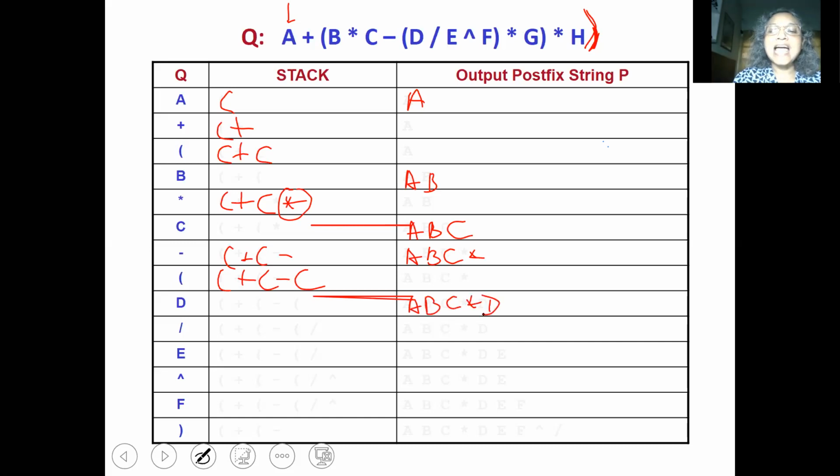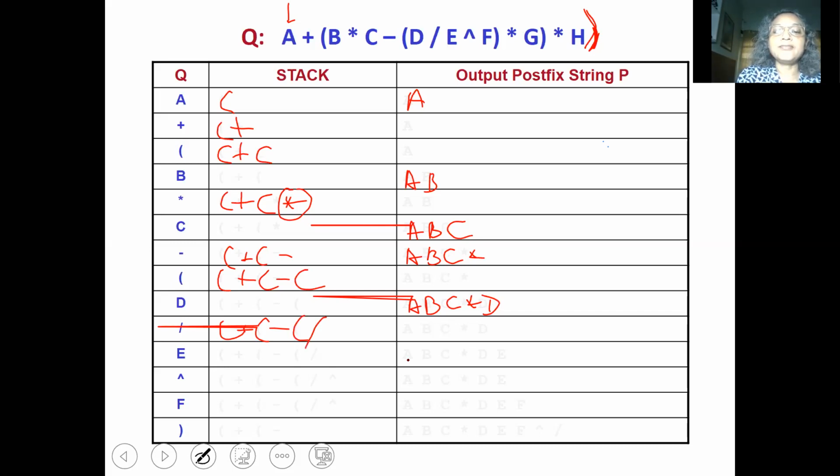Then we get a slash. So when we get a slash, we will have to pop from the stack any operators at the top of the stack which are of same or higher precedence. At the top of the stack we have a left parenthesis, not an operator, so we'll put a slash onto the stack. So the stack will now contain this. Then we get an E. E will be added to the string.